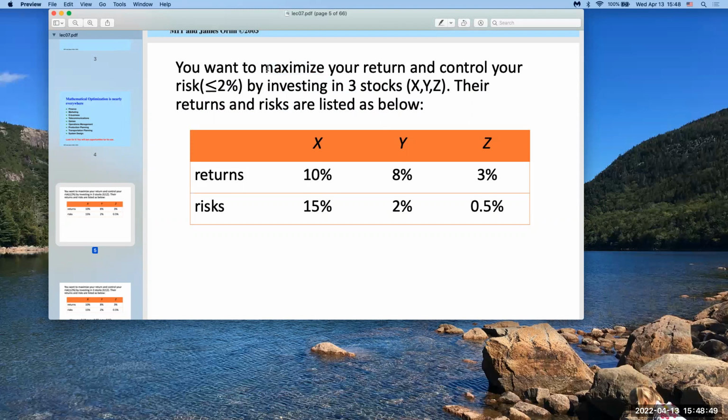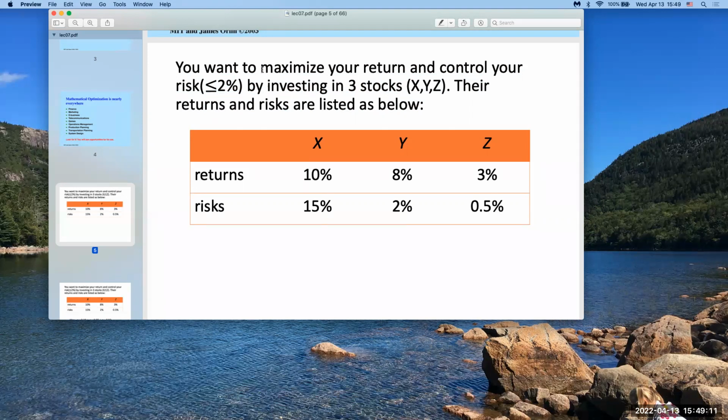That's your goal. From this paragraph, you see that you want to maximize your return and control your risk. So the optimization comes from the trade-off part. If there is no constraint, there is no trade-off.